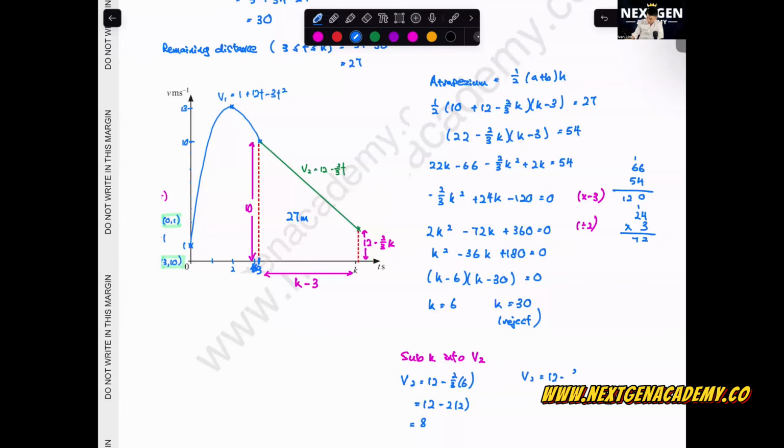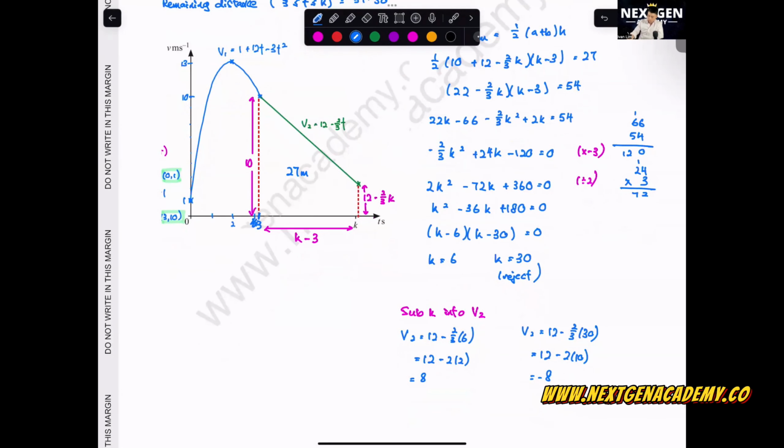For k equals 30, 12 minus 2 over 3 times 30 is 12 minus 2 times 10, which gives negative 8. We need to check that v is positive. That's why we reject this, as we don't want a negative v value.